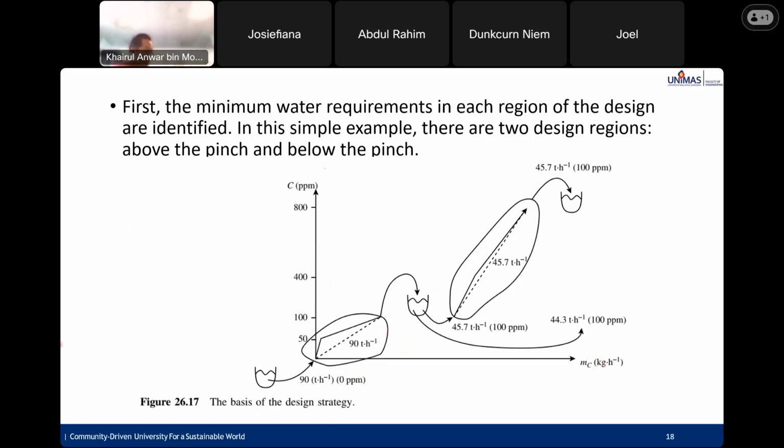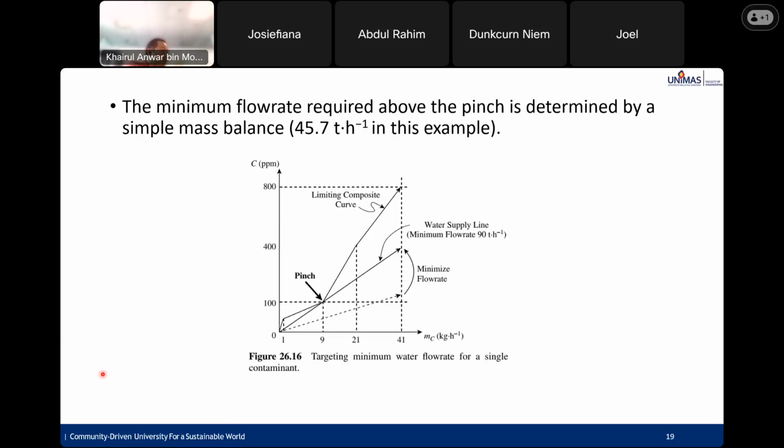So how do you know 45.7? How do you calculate the 45.7 ton per hour? This one is based on the composite curve from 41 to 9 here. We already know below the pinch is 9,000 over 100, right? So you get 90 ton per hour. But for after the pinch it is actually 41 minus 9, so 41 minus 9 times 1,000 is 32,000, divided by 700.